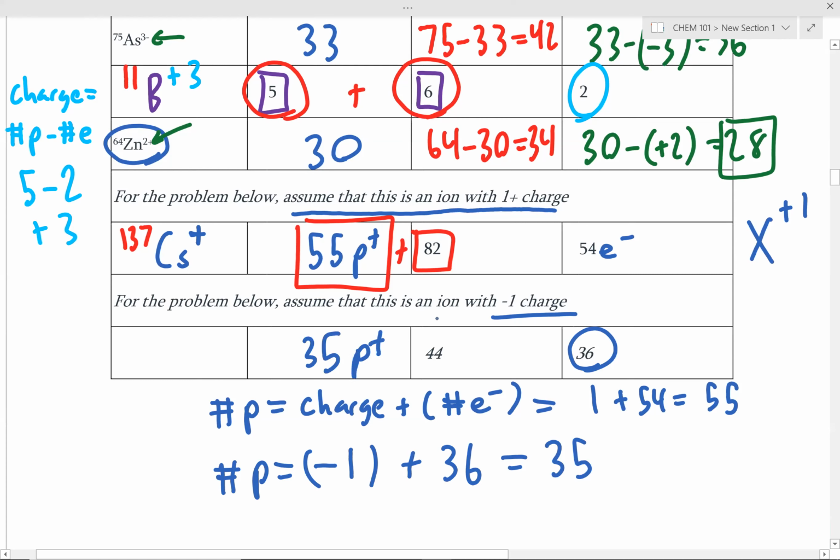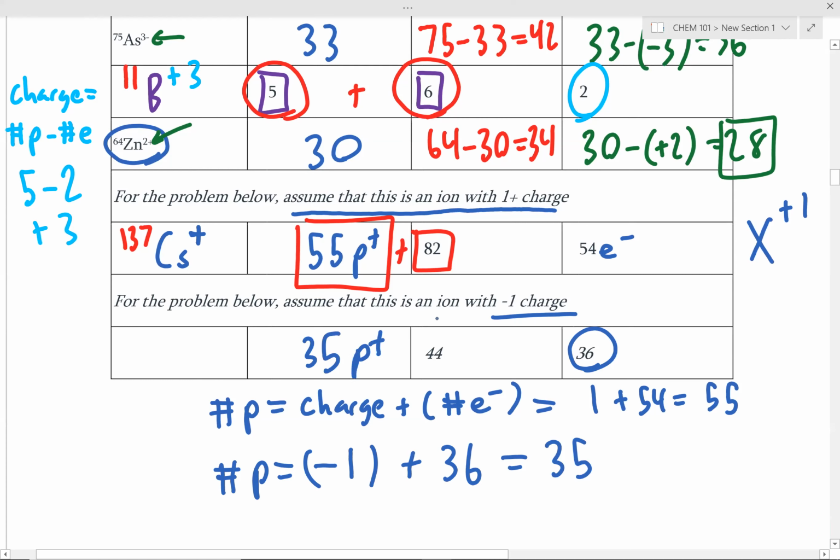Can we go and find that element in our periodic table? Yeah, so let's do just that. So we go to our periodic table, we go to find an element with atomic number 35, and lo and behold, what element is that? Bromine. Perfect. So bromine is showing up again, except this isn't quite bromine, this is bromide, which is bromine anion, just to be 100% accurate.